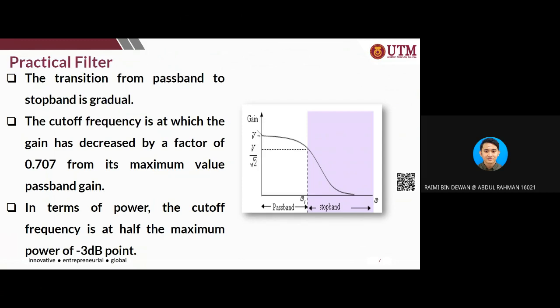So here you see this is V, and this is V over square root of 2.